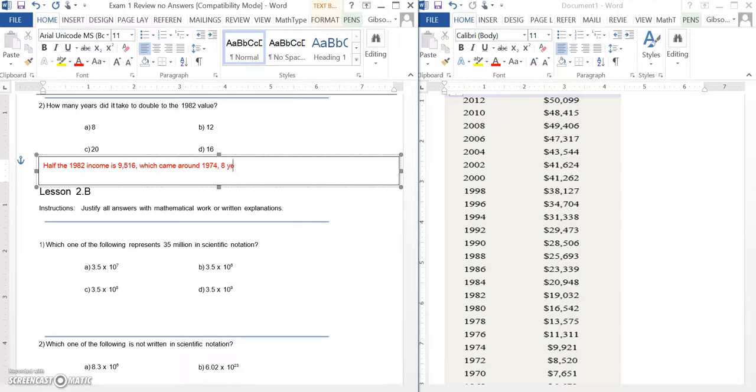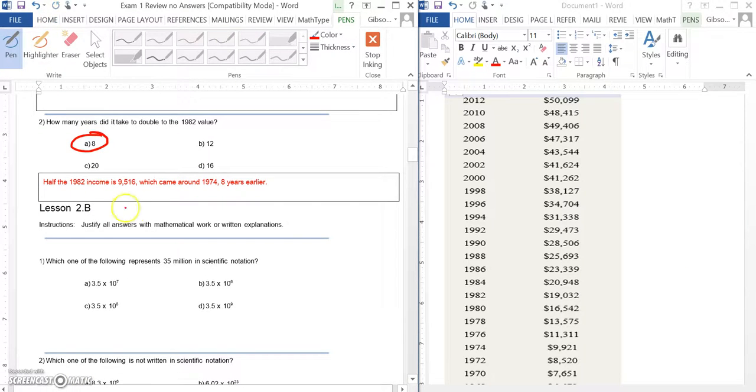That was 8 years earlier. So now we will mark our answer as 8. So we will circle A, and that is our final answer.